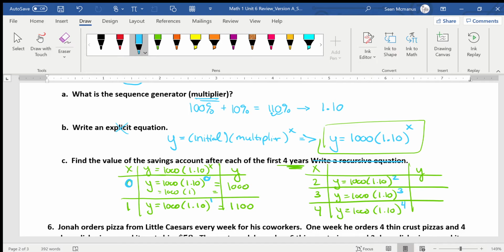So to know how much is in there after exactly 4 years, I could do this for any of them. I'm going to just solve the last one for the sake of time. I'd have 1,000 times 1.1 to the 4th power. I plugged that in my calculator here on the side, and I just got $1,464.10. It's not bad for 4 years. Free $464.